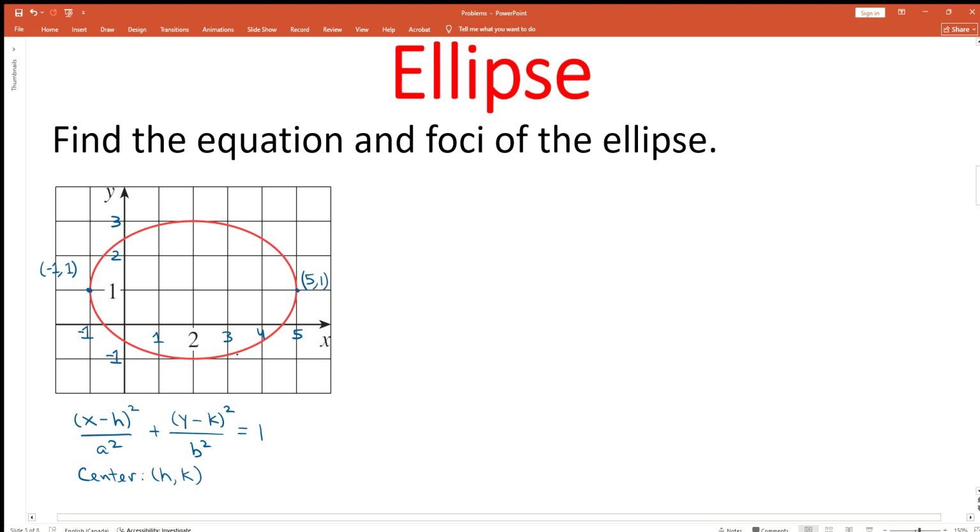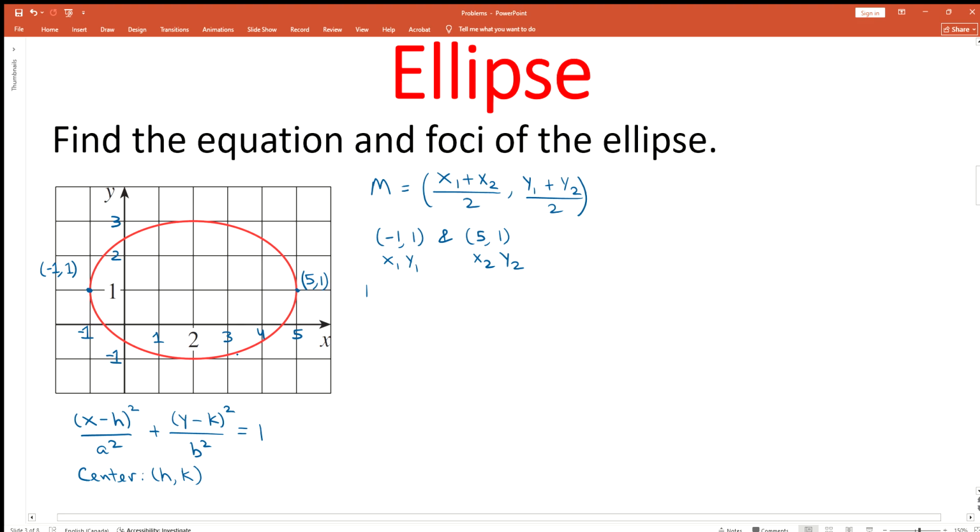We can use the midpoint formula to find the midpoint of these 2 points. The vertices are (-1, 1) and (5, 1). We can label one of these points as (x1, y1), the other one as (x2, y2).